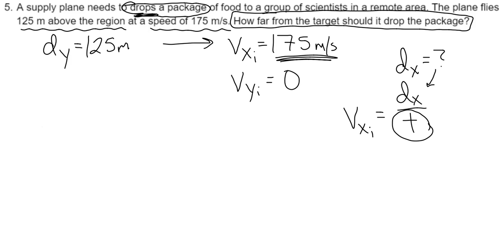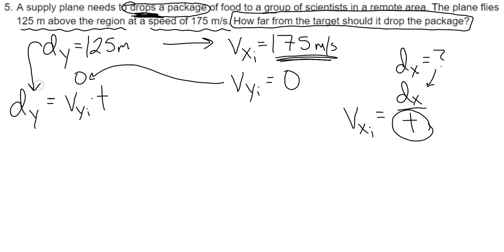In order to find time, we take our distance in the y direction, which is equal to our initial vertical velocity, which was what? 0. I'm going to plug that in. Our distance in the y direction is 125 meters, so we'll plug that in, plus 1/2 times acceleration due to gravity times time squared.